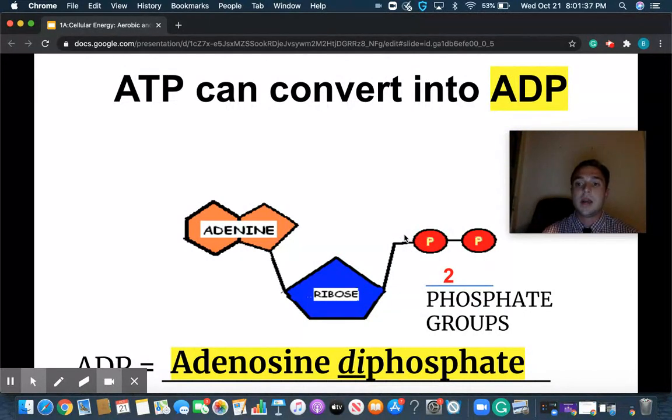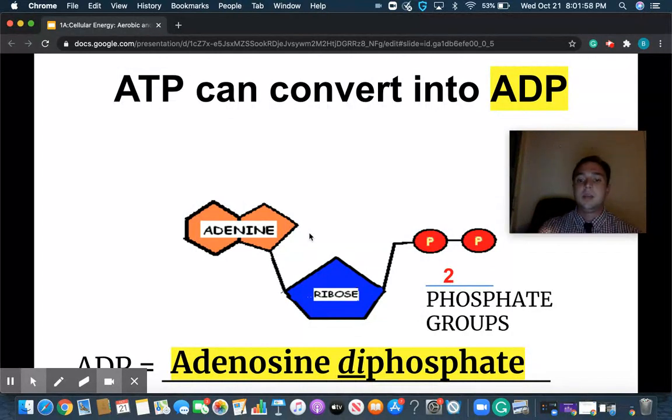And the reason why this conversion happens is because when glucose is broken down, this is a very high energy chemical reaction that releases a ton of energy. And in order to consume and use all of this released energy, it needs to be able to convert ATP into ADP in order to store energy more effectively.